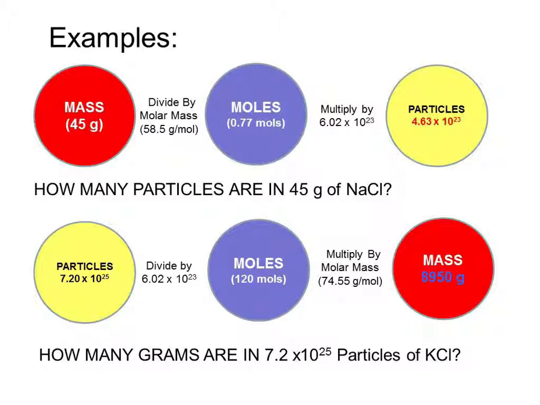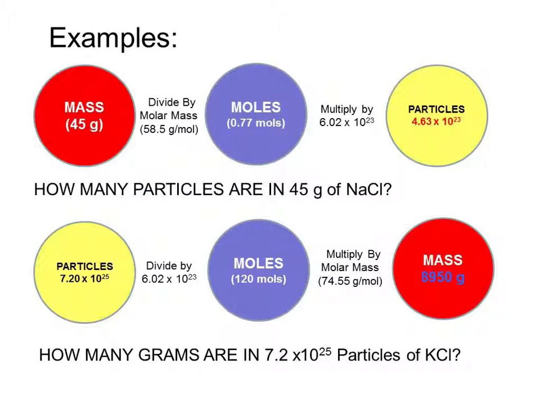Now the next part of the question is, okay, now that I have the moles, I want to find out how many particles. So remember, we're going out of moles, we multiply, get larger, and we multiply in this case by Avogadro's number, 6.02 times 10 to the 23rd particles per mole. And since we have 0.77 moles, we end up with 4.63 times 10 to the 23rd.